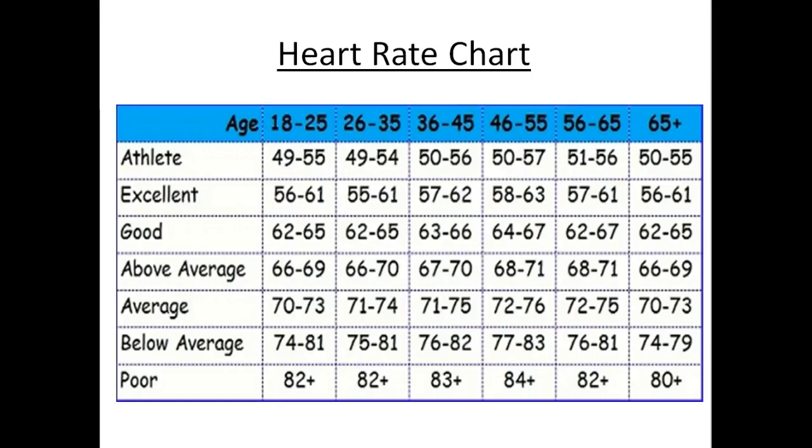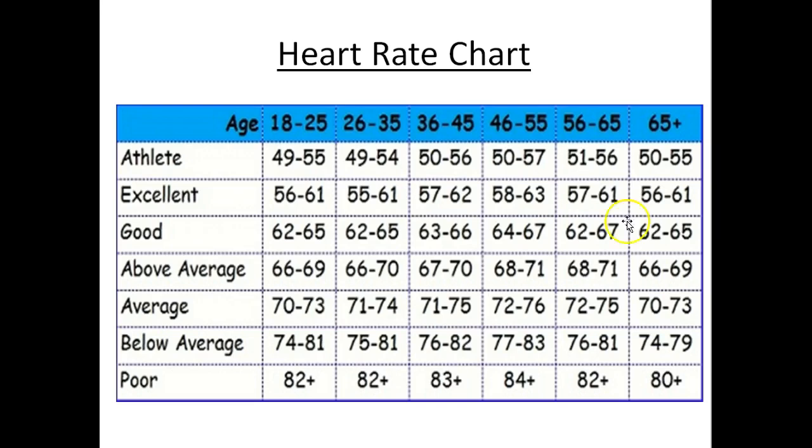So this is for your resting heart rate. If you're between 18 and 25, if your heart rate is above 82 beats per minute, that's poor. And if it's below 50, you're probably an endurance athlete. So it's quite a small range, isn't it, between 50 and 80.